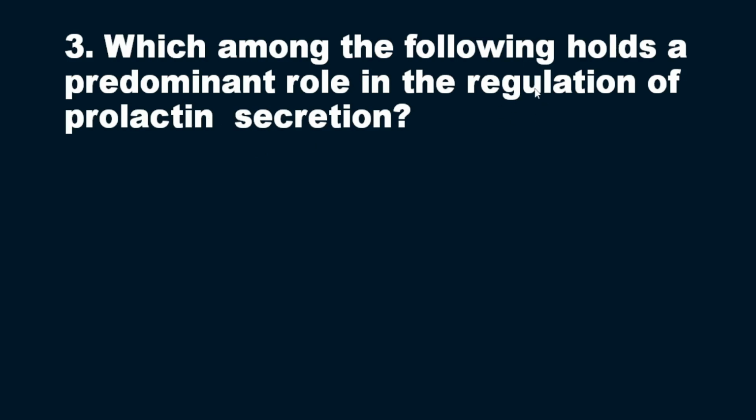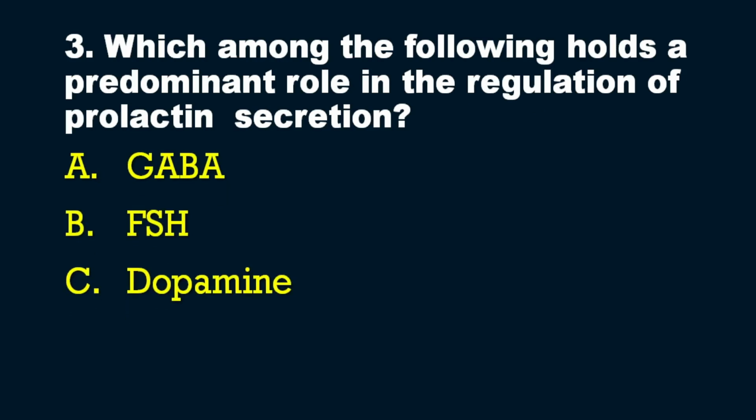The options are: option A, GABA; option B, FSH; option C, dopamine; and option D, bromocriptine. Among these, which one regulates prolactin secretion? What is the answer?